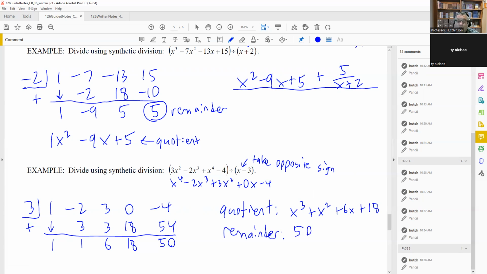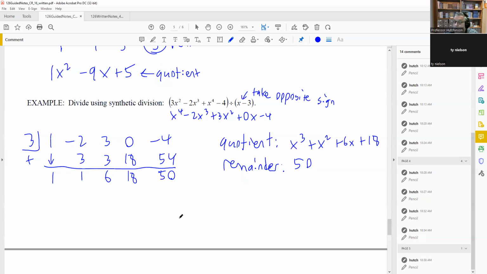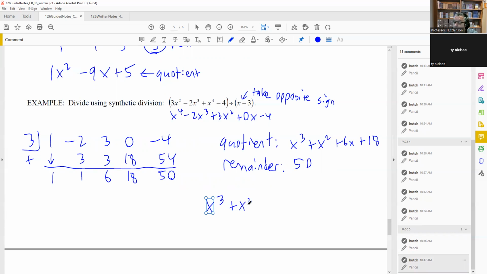Okay, so I have quotient and I have remainder on that one. Or again, if I wanted to write all that out, I could do x cubed plus x squared plus 6x plus 18, and I can put plus 50 over x minus 3. Okay, so that would be having it written all the way out.